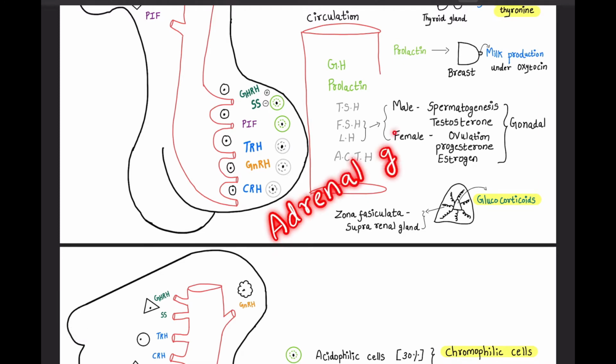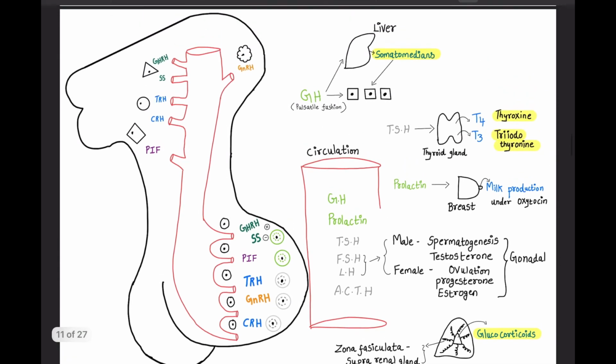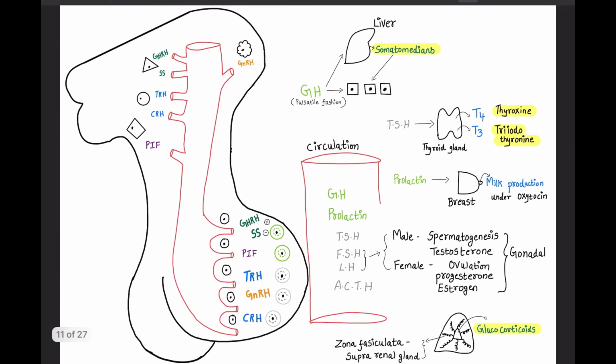Where do you find this adrenal gland? Near the kidneys. Adrenocorticotrophic hormone acts on the suprarenal gland, exactly the zona fasciculata of the suprarenal gland, and it produces glucocorticoids. So growth hormone can act directly on the cell, or indirectly through somatomedins. Thyroid stimulating hormone acts on the thyroid gland and releases thyroxine and triiodothyronine, also known as T4 and T3.